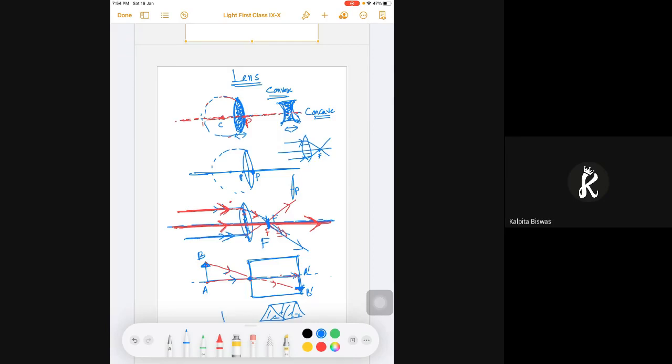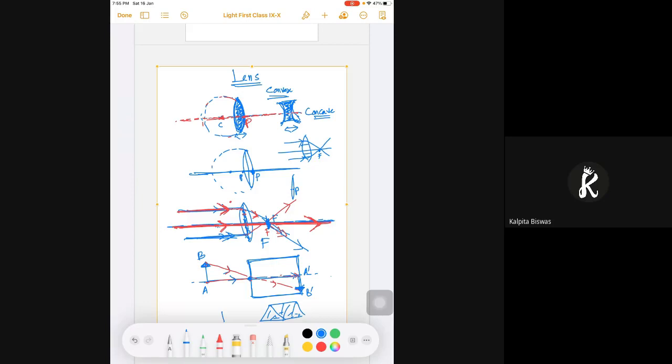In normal language, when we say focus on that particular man on the stage, it means the light passes through a particular point, or we highlight a particular object. Here exactly the same thing is happening. Whatever light rays are parallel to this axis all pass through a certain point, and that point is called the focus of that particular lens.